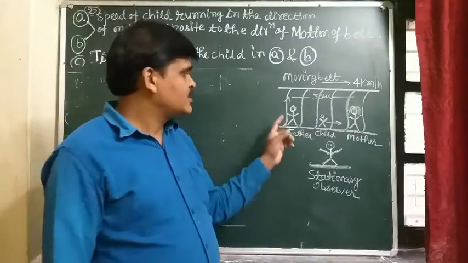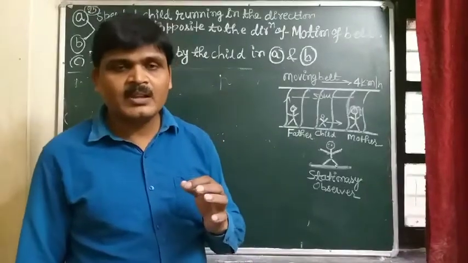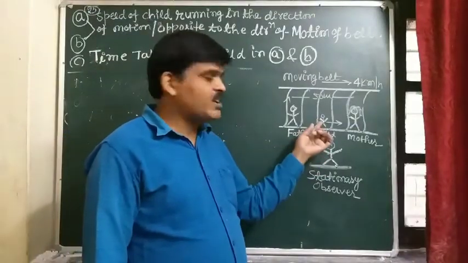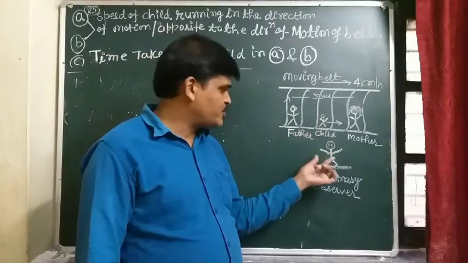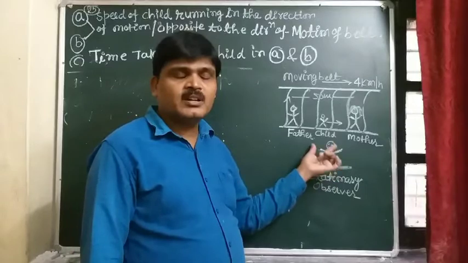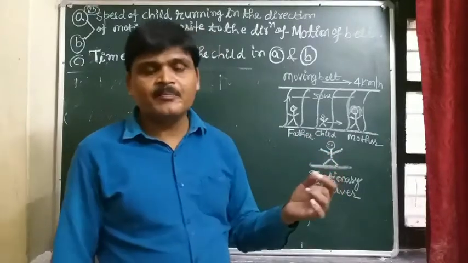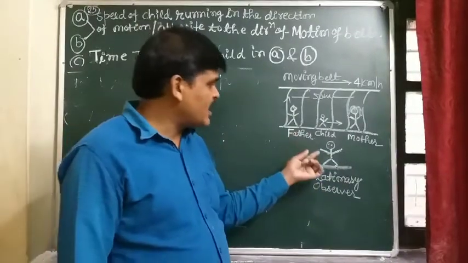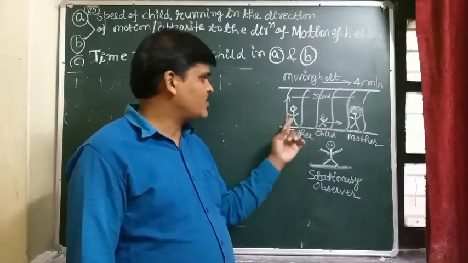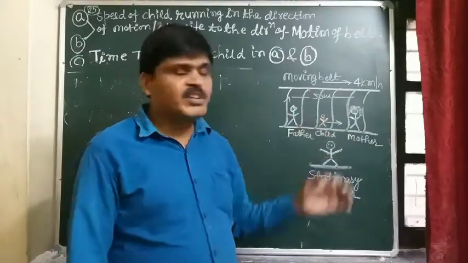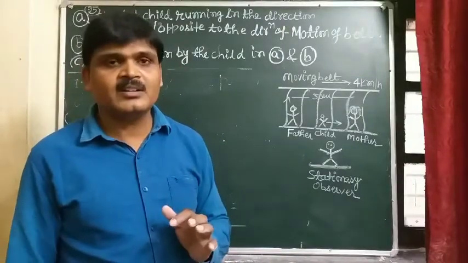Once again, since the father and mother are both located on the same belt, the speed of the child observed by the stationary observer outside the platform, in either direction from mother side or from father side, will be 9 kilometer per hour.